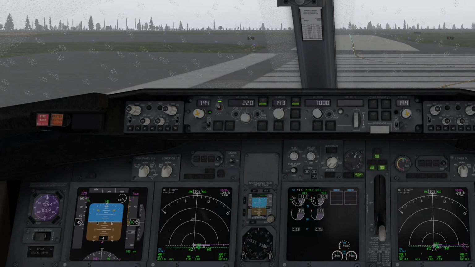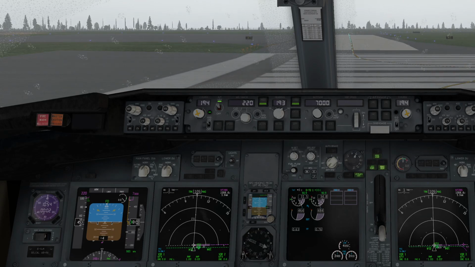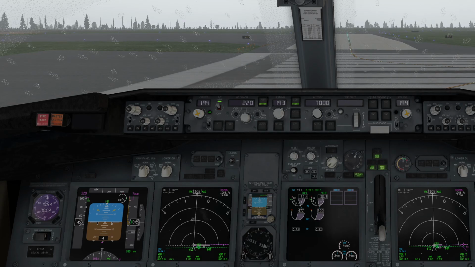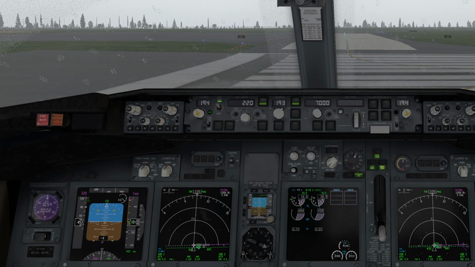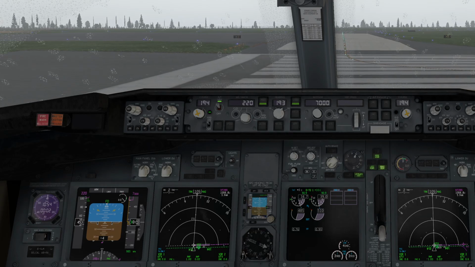This is very funny. The aircraft is sticking on the runway. Nearly 40% to start rolling is no good.